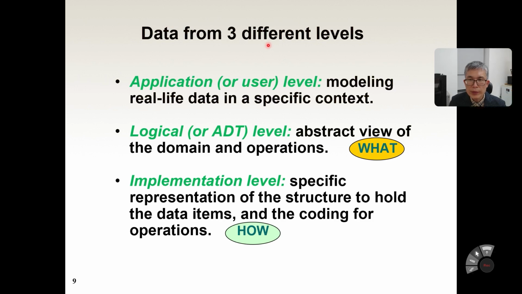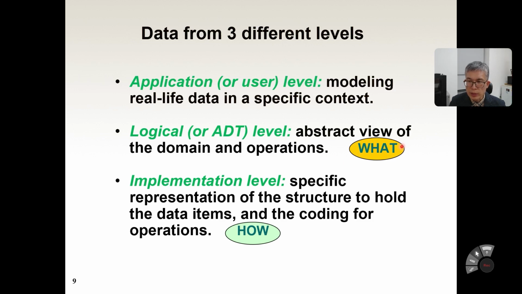Data can be viewed from three different levels: application level, logical level, and implementation level. The application or user level is modeling real-life data in a specific context. The logical, abstract data type level is an abstract view of the domain. The domain is the properties of the data and the operations, which are also called methods.